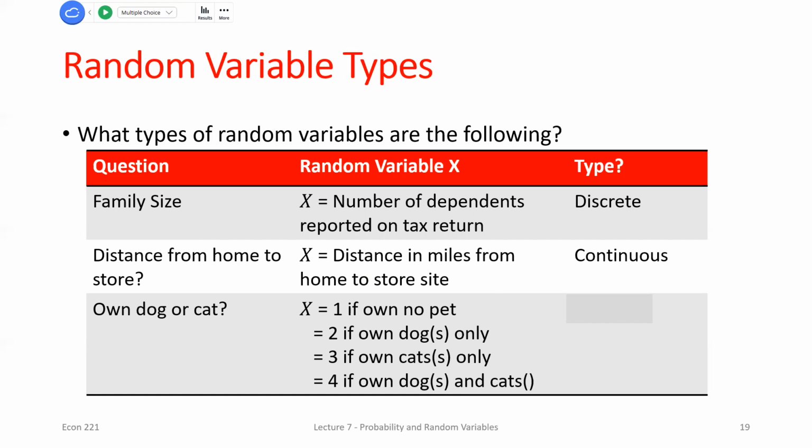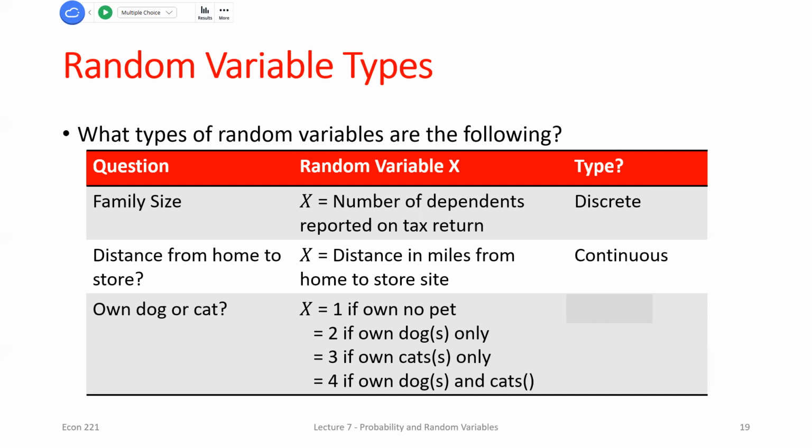So there, the response was qualitative. If I ask somebody what kind of pets they own, it's either no pet, dog only, cat only, or both. I can just identify those different responses with a number. So in the instance of strongly agree to strongly disagree, I would just arrange those 1, 2, 3, 4, and 5.